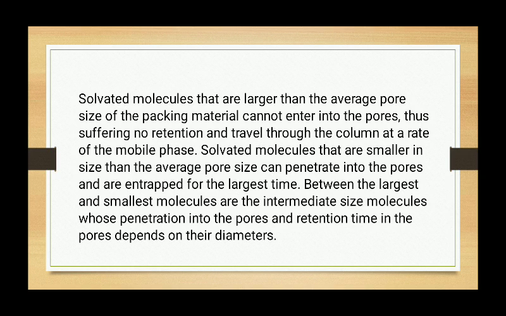Solvated molecules that are smaller in size than the average pore size can penetrate into pores and be entrapped for the largest time. Between the largest and the smallest molecule are intermediate size molecules whose penetration into the pores and retention time in the pores depend on their diameters.